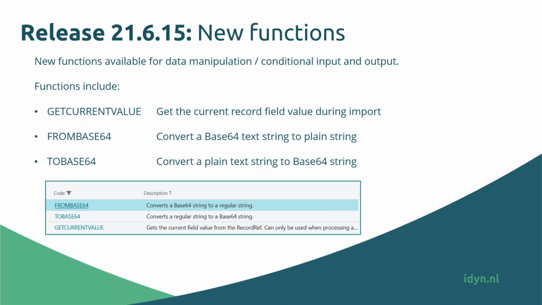We'll see an example in a moment. And we have 2 functions to convert from and to base64 strings to make it easier if something needs to be converted. That can be used in both import and export.